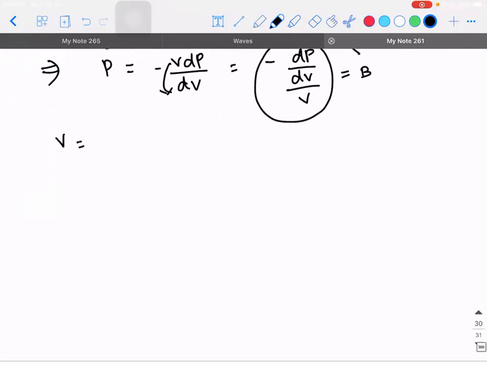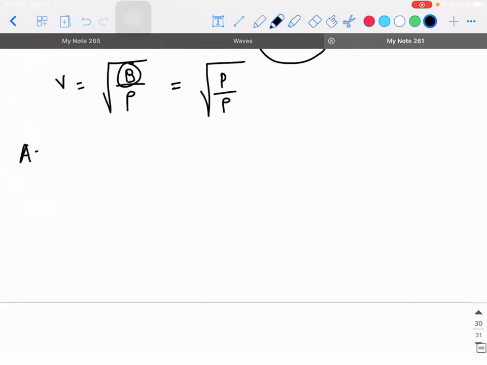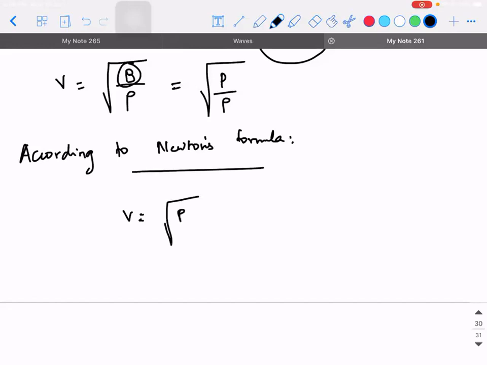Then what will be the speed of sound in that medium? Speed is known as root of B by rho. Root of B can be replaced with pressure divided by rho. So according to Newton's formula, V is equal to root of P divided by rho.